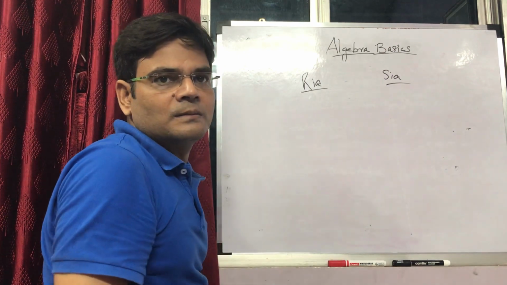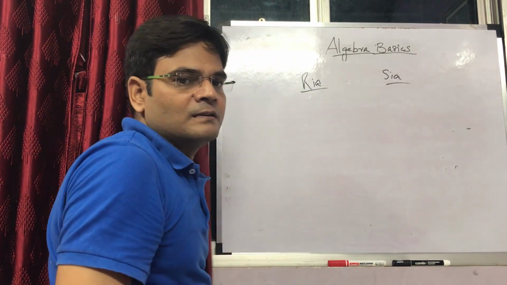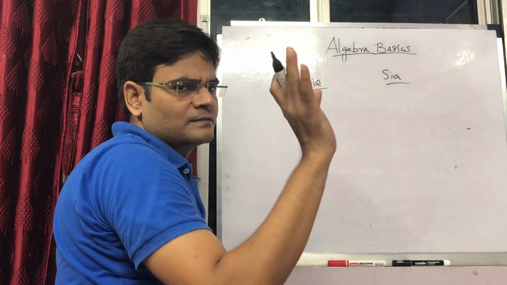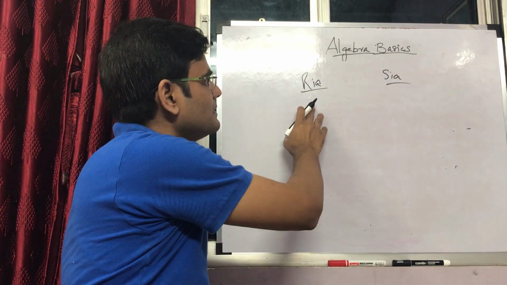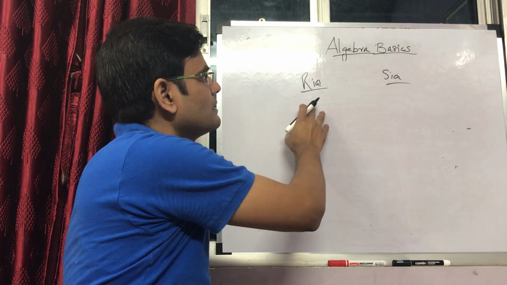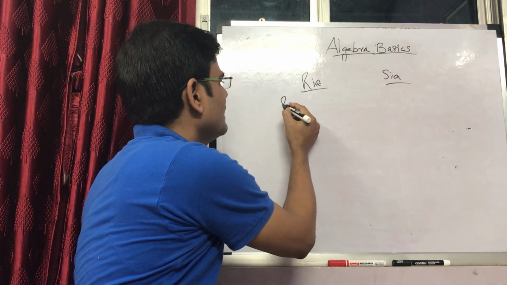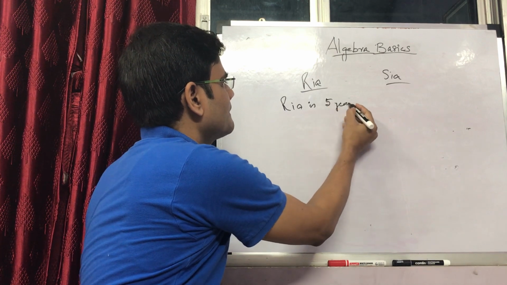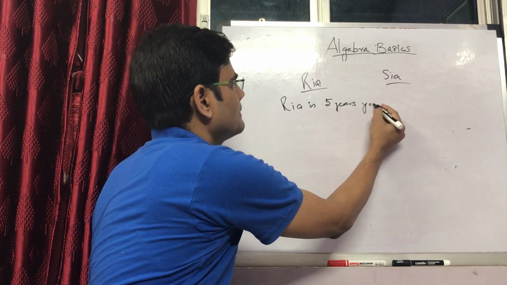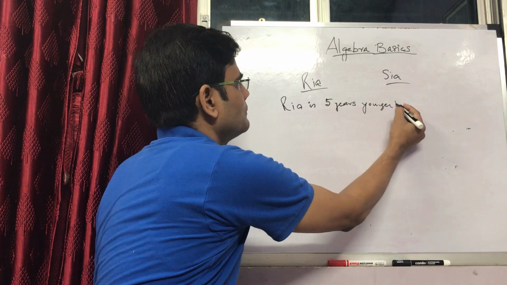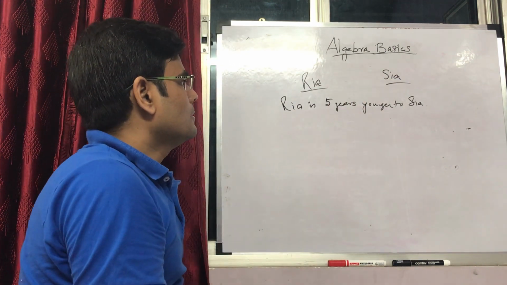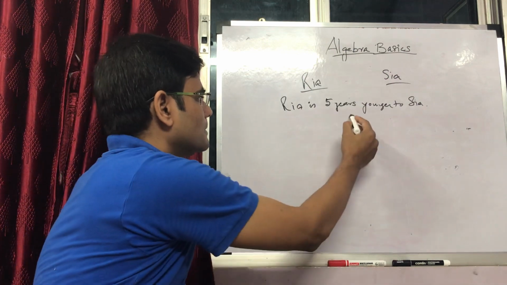They are sisters. Now Ria is 5 years younger than Sia. Now there are two ways to solve this problem.